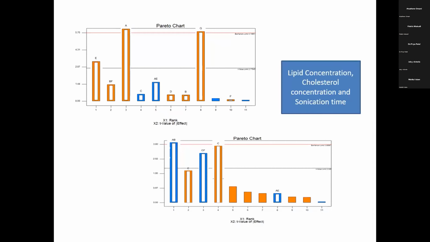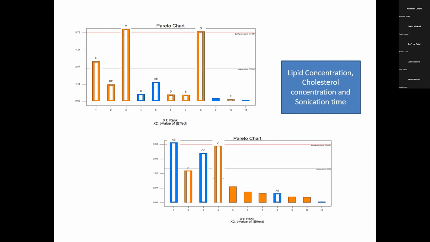And through statistical as well as some analytical methods, we came to know that out of 7 variables, including processing as well as formulation variables, lipid concentration, cholesterol concentration, as well as sonication time, these 3 variables highly affect the quality of our formulations.